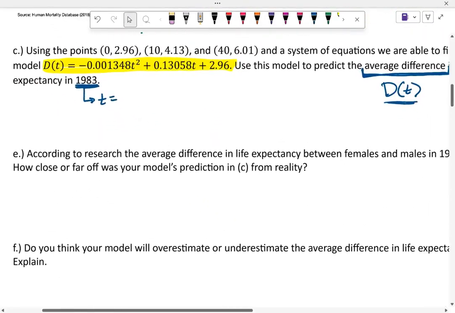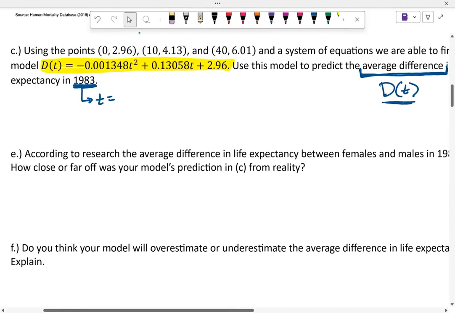So my t is going to be 43. It's 43 years. So when they ask us to use this model to predict, all they're asking us to do is find d of 43.